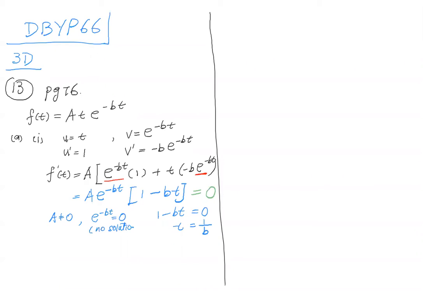So I have to draw the sign diagram of f prime t. Talk about time is 0 onward, 1 over b. Since the question says it's a local maximum, so it must be a plus here, it must be a minus here. So proven. Done. Right?